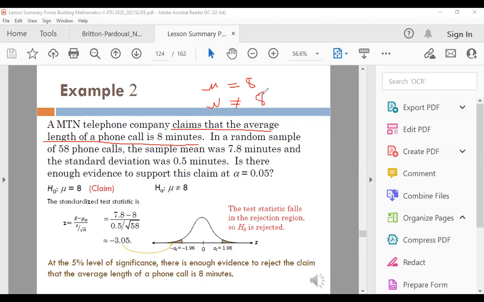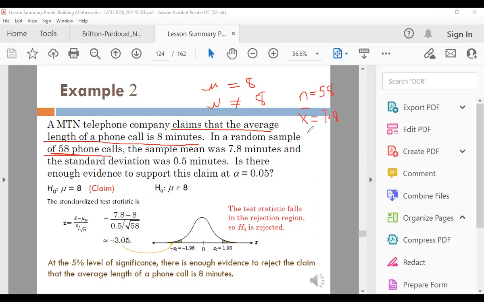You understand? Good. Now, he says in a random sample of N equals 58 phone calls. So our sample size is 58. And then it says the sample mean was 7.8. So X bar is 7.8.